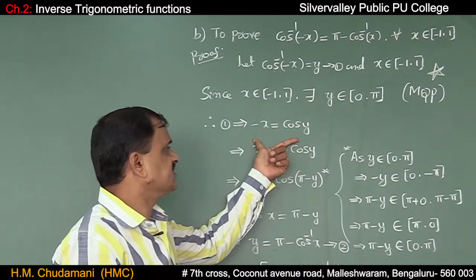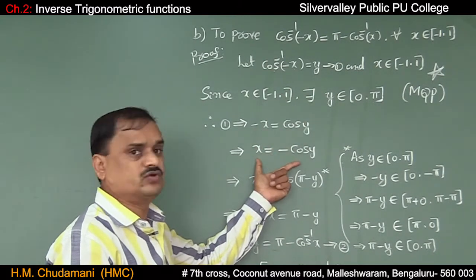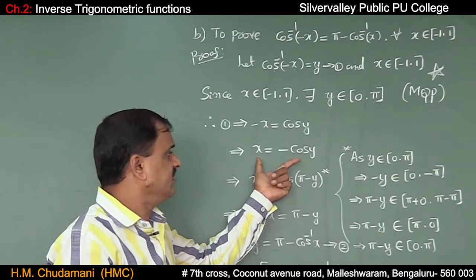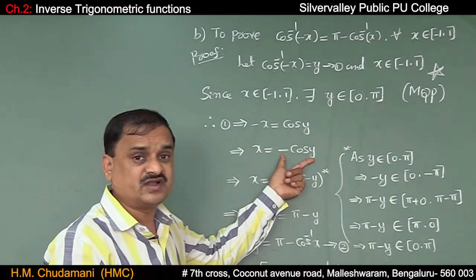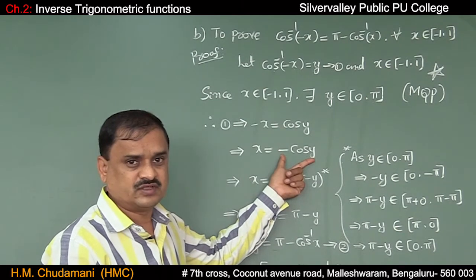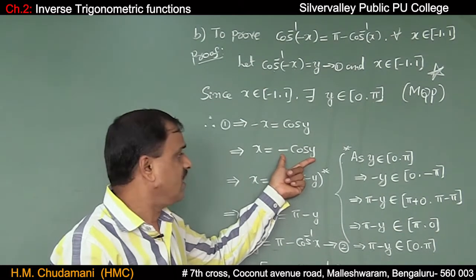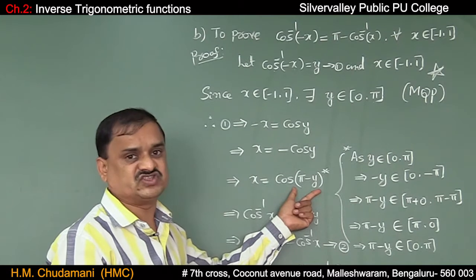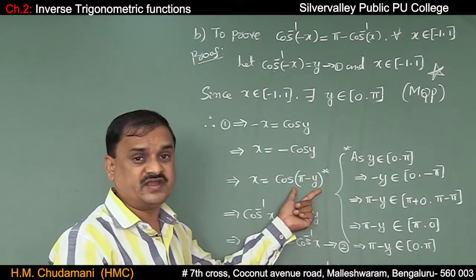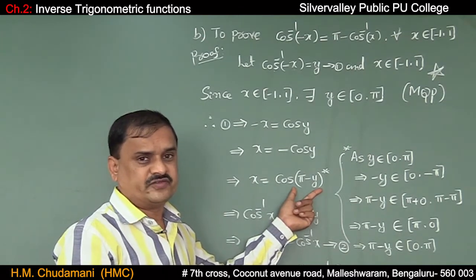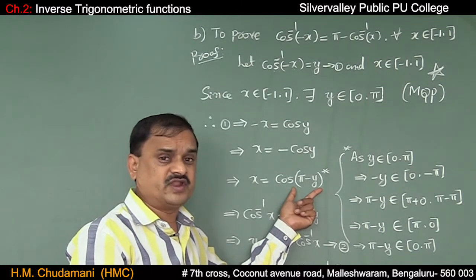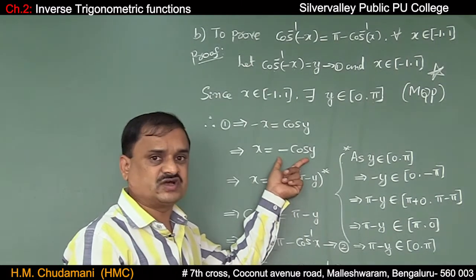Multiply with minus sign: x is equal to minus cos y. See, cos of minus theta is plus cos theta, it's of no use. So cos of 180 minus theta, in the second quadrant, you know, cos of 180 minus theta is minus cos theta.